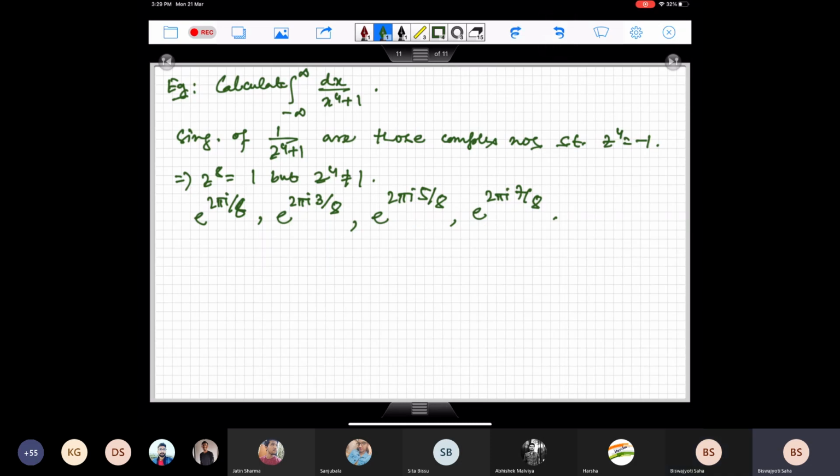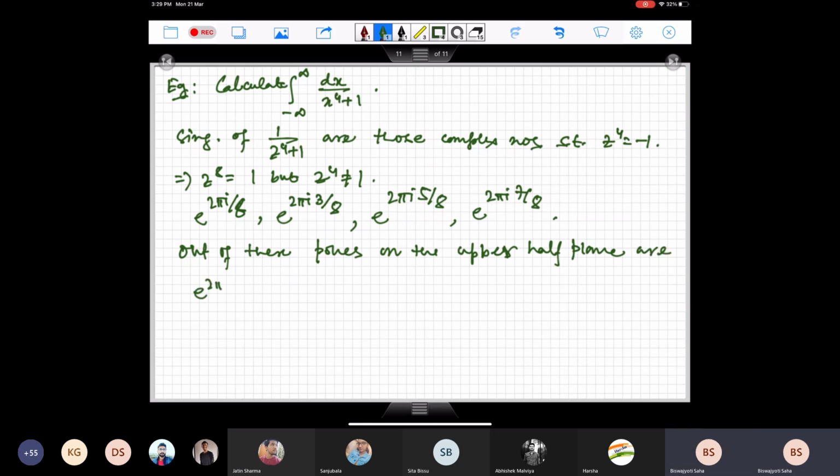So out of these, the poles in the upper half plane are e to the power 2 pi i by 8 and e to the power 2 pi i 3 by 8. So these are the 2 points.